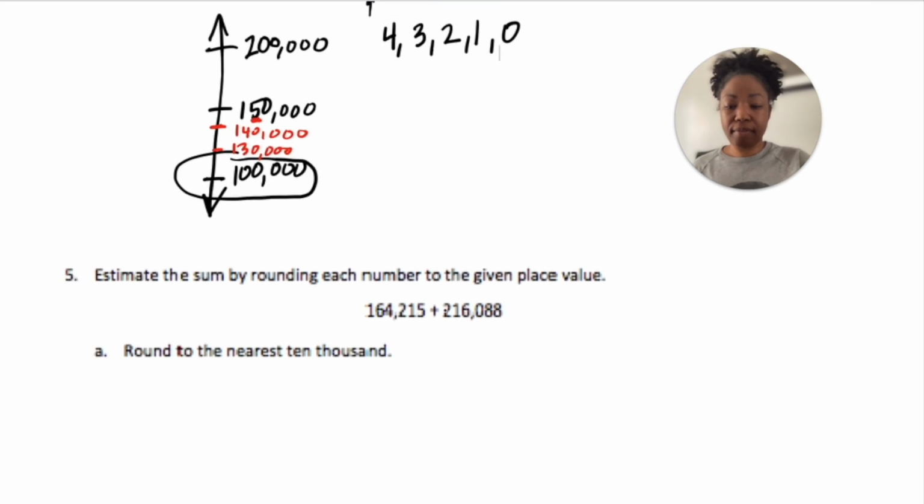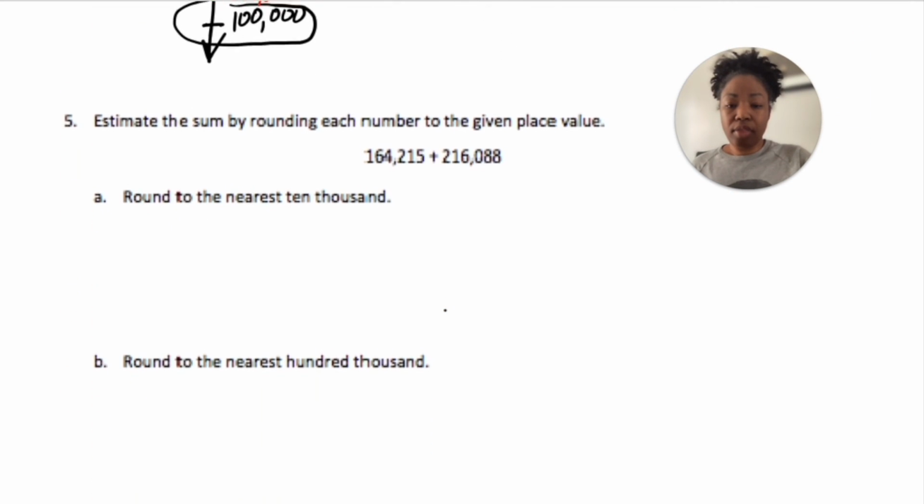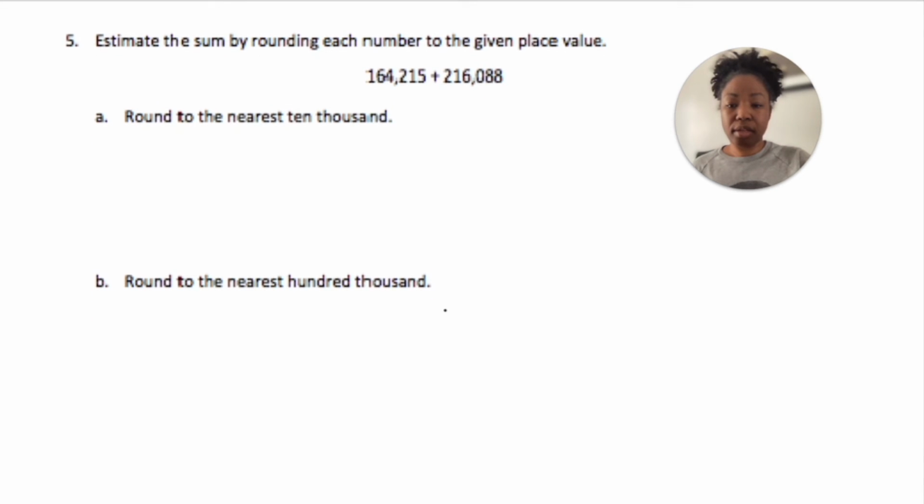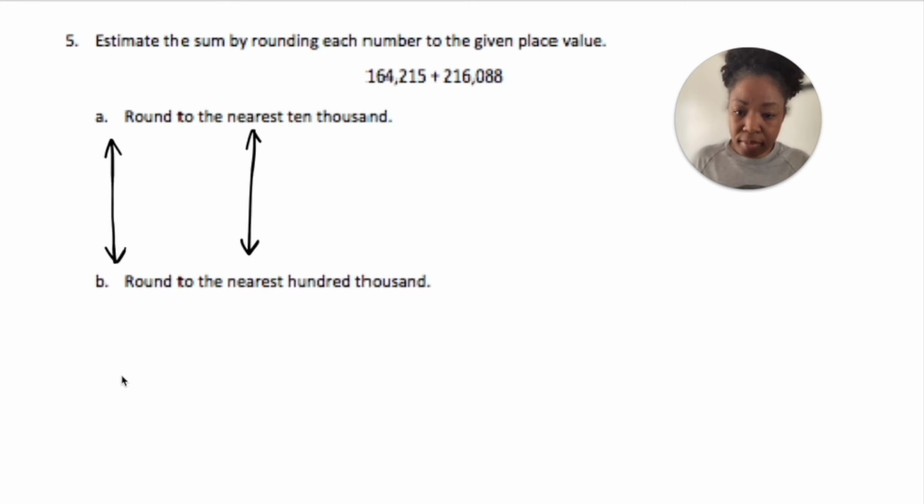Number 5. We're going to estimate the sum by rounding to the nearest 10,000 and to the nearest 100,000. So I'm going to do 2 number lines because we have 2 numbers, right? But I'm doing it for both places, so that's really 4 number lines.